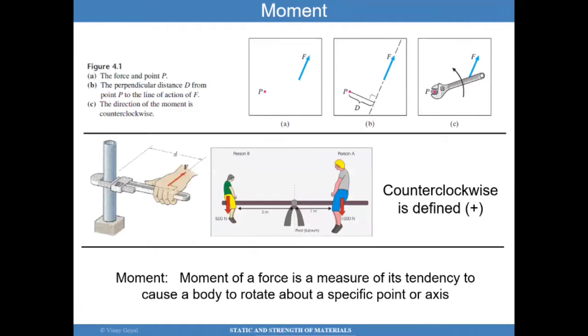I'll be discussing the definition of moment. What is moment? Moment of a force is a measure of its tendency to cause a body to rotate about a specific point or axis.